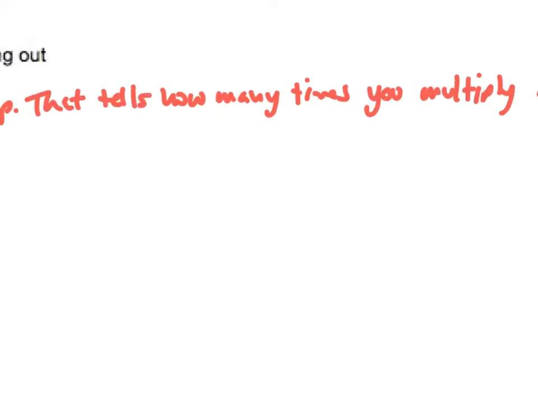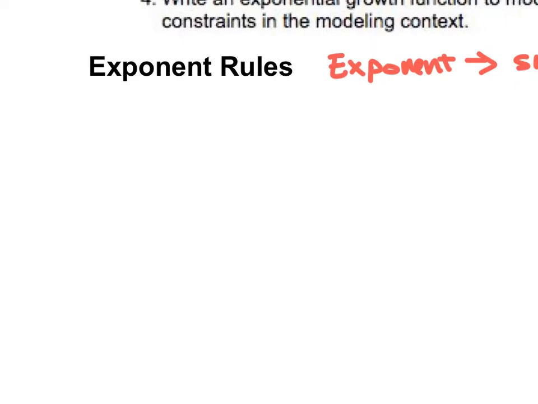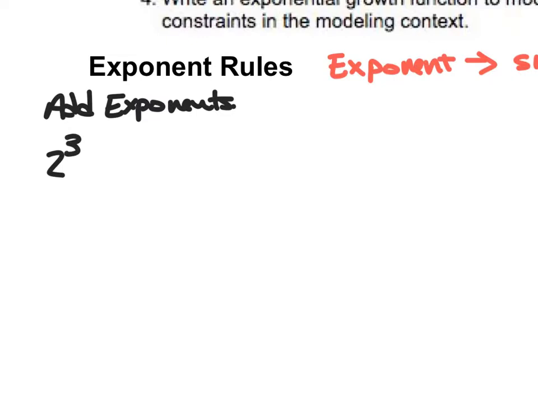So if we talk about our exponent rules, let's talk about what happens when we need to add our exponents. Let's just look at 2 to the third times 2 to the fourth.